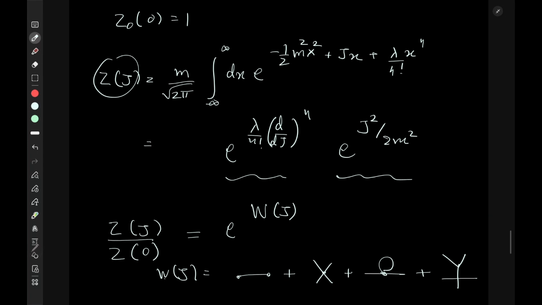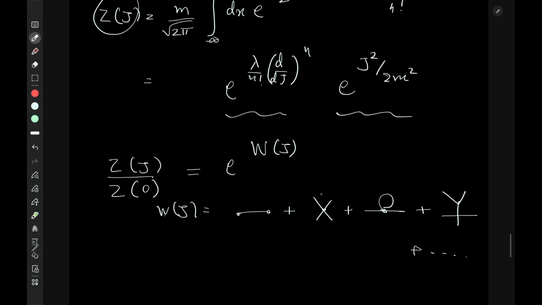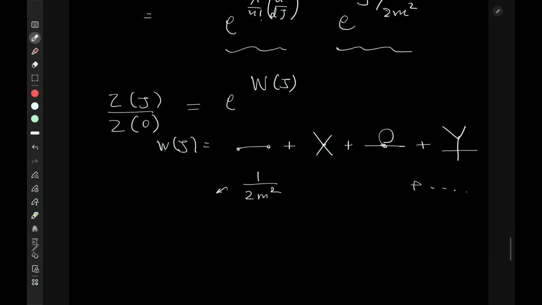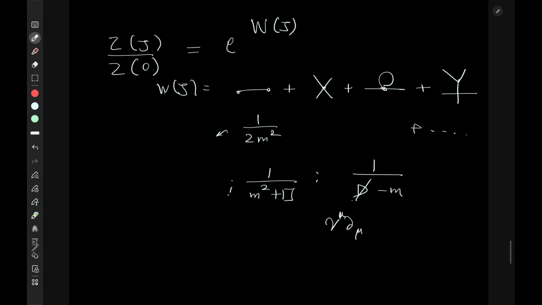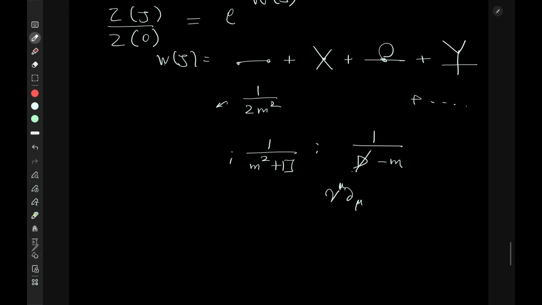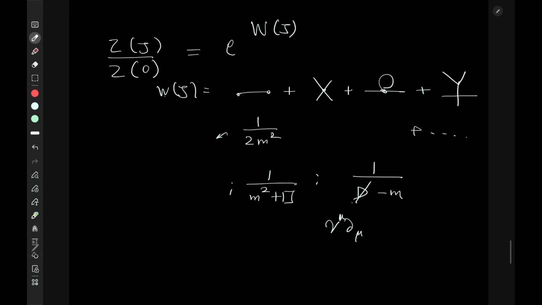Just that there are some more complications there. For example, for every line we were doing 1 over m squared. This was a propagator. In QFT it will become some other propagator, for example m squared plus box, or in Dirac it would become this minus m, where this is just del slash, gamma mu del mu, or in other theories it would differ.